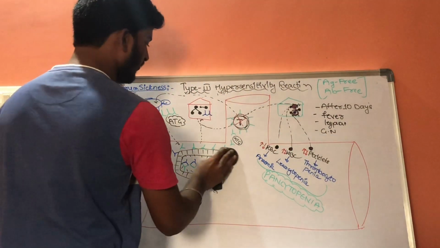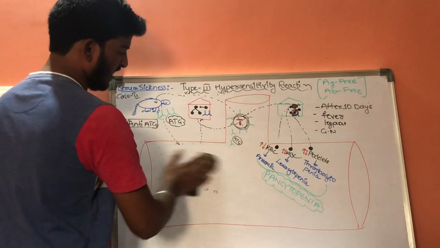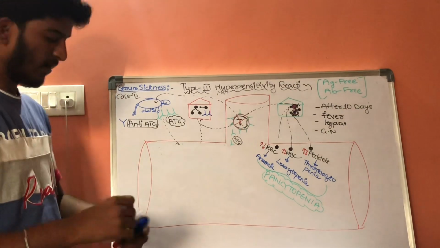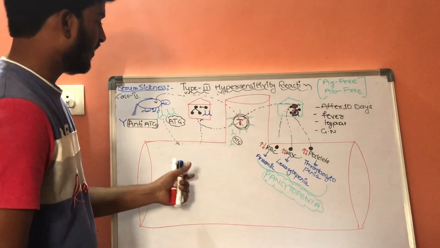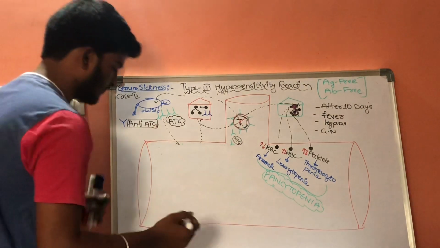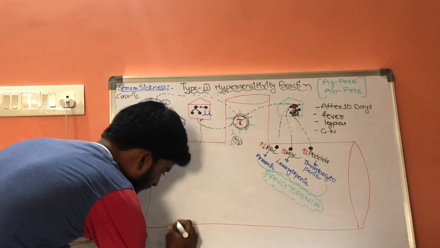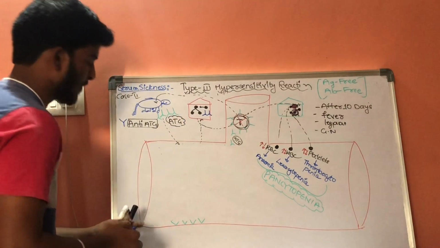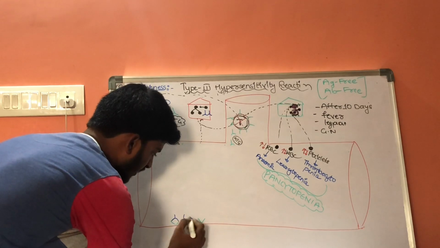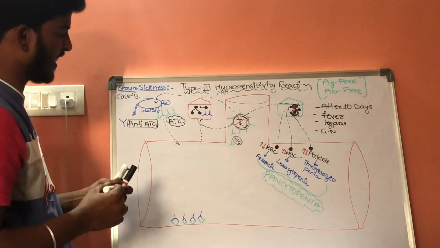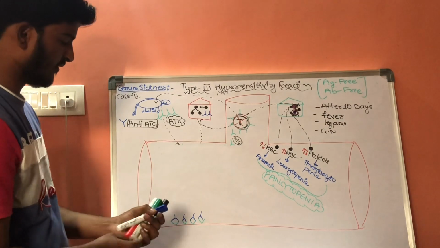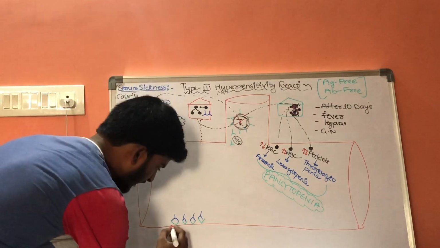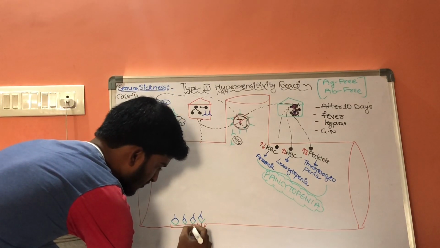Whenever the neutrophil count decreases, the antigen antibody complexes will be embedded in the tissues. Let us consider this is the antigen antibody complexes which is attached to the basement membrane.